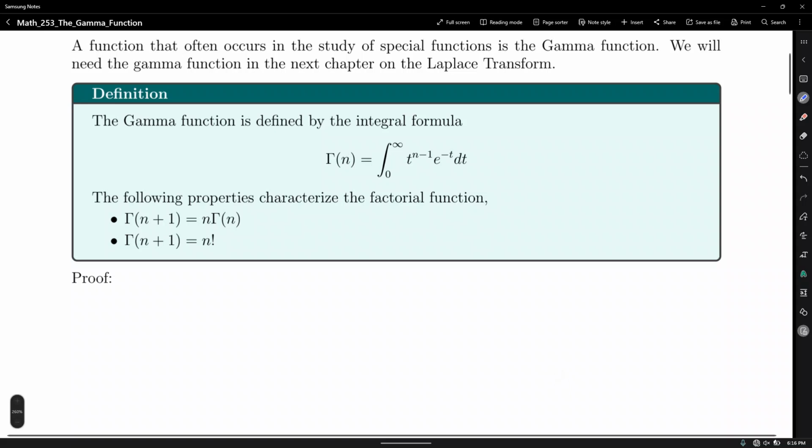So gamma of n plus 1 equals the integral from 0 to infinity of t to the (n plus 1 minus 1) e to the negative t dt. So this will be t to the n, e to the negative t. This is the integral from 0 to infinity of t to the n, e to the negative t dt. Any ideas how to evaluate this integral?